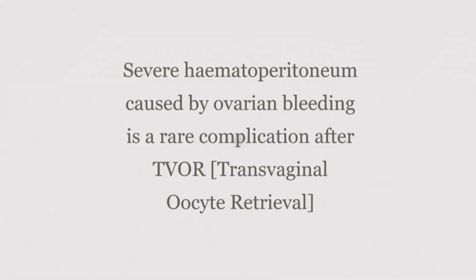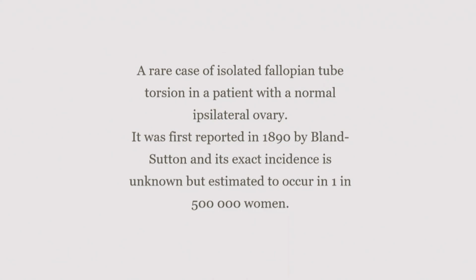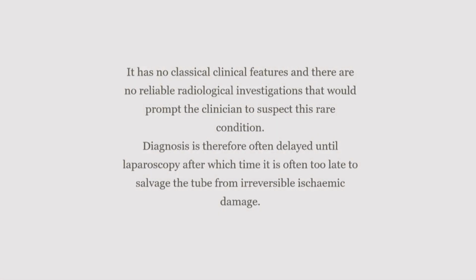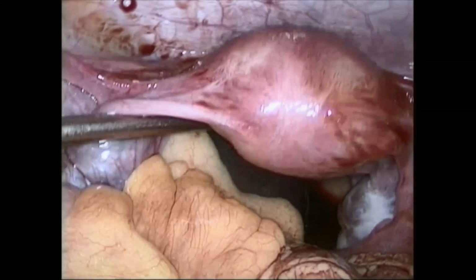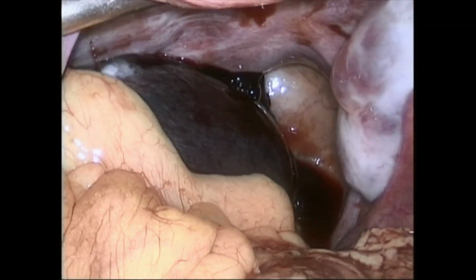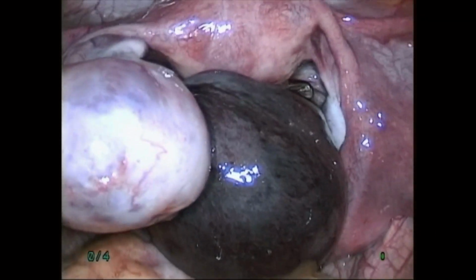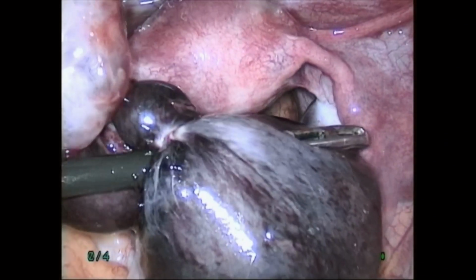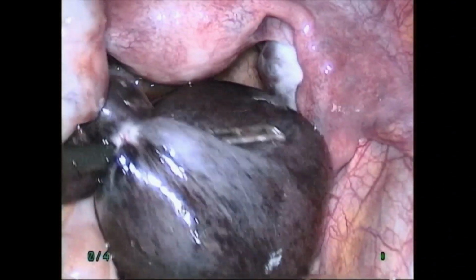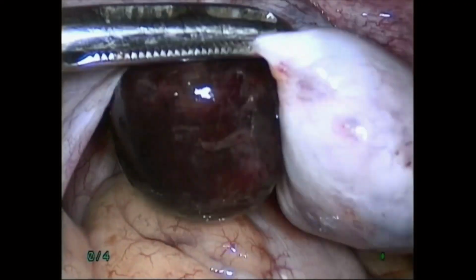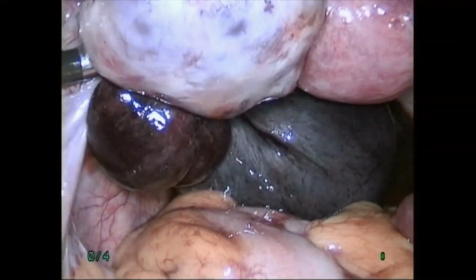Now, another interesting case of isolated fallopian tube torsion with a normal ipsilateral ovary. It has no classical clinical features, and there are no reliable radiological investigations that point to it. You can appreciate here that both the ovaries look very normal, and there was an isolated fallopian tube torsion. So you need to detort it first, and obviously a salpingectomy was done.